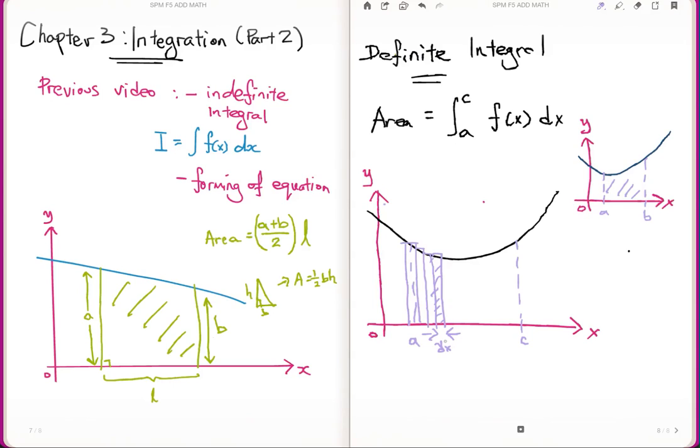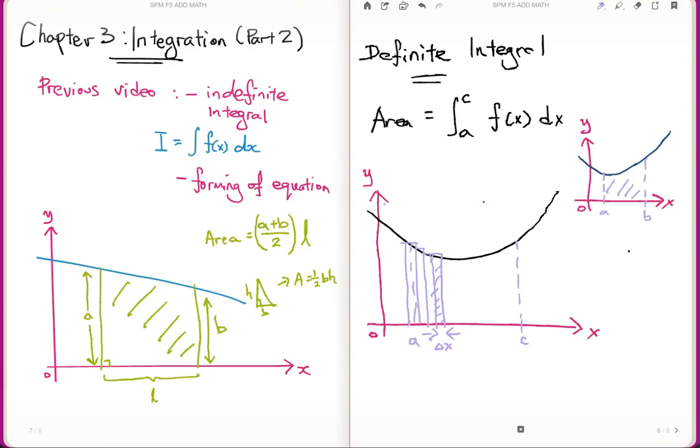Small changes of x, you split them to have the same changes of x, small x. They are all the same. All you need to do is sum them individually, and eventually you come up with a general equation.